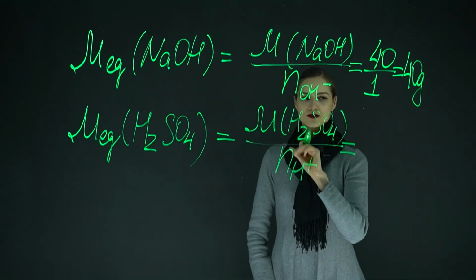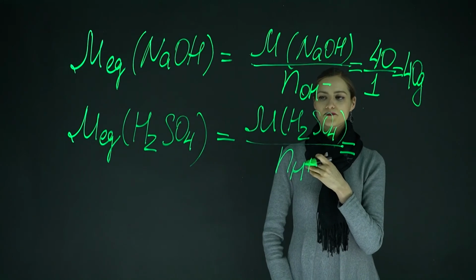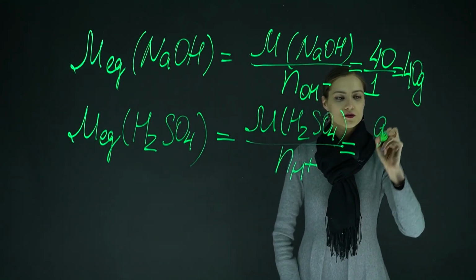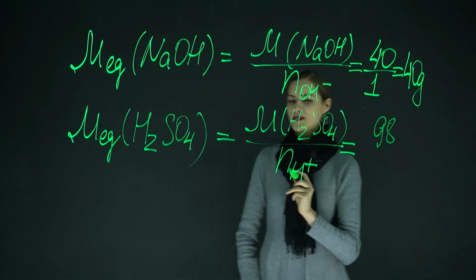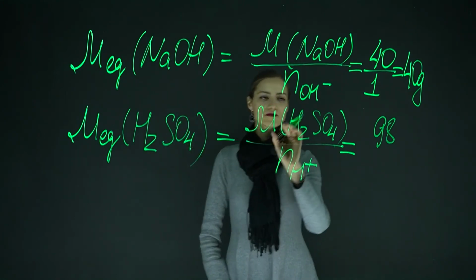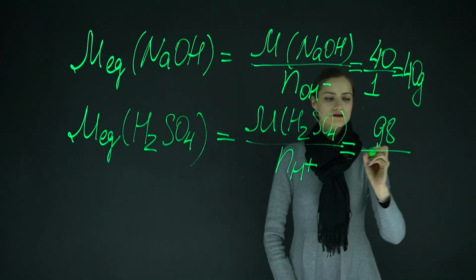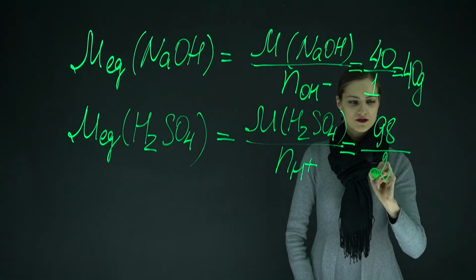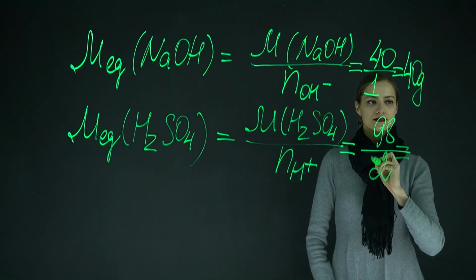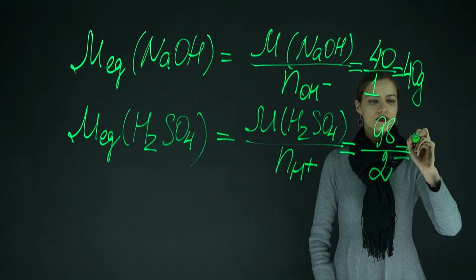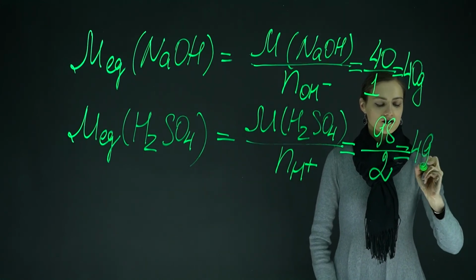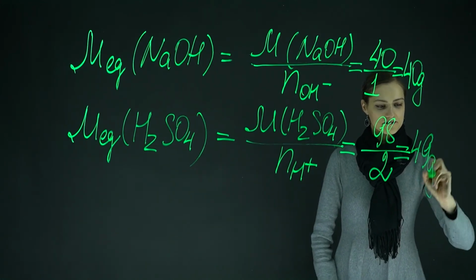Molar mass, according to the periodic table, equals 98. And as you see, in sulfuric acid we have just 2 hydrogen cations. So equivalent mass equals 49 grams.